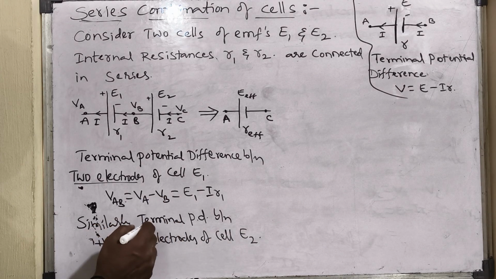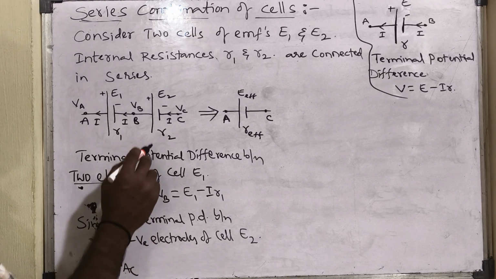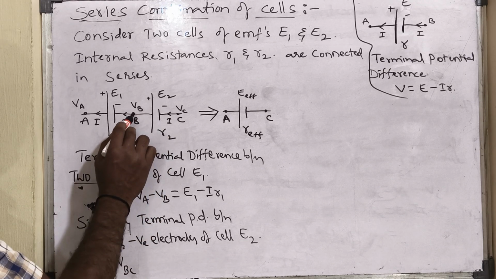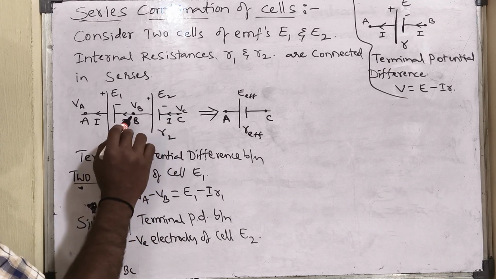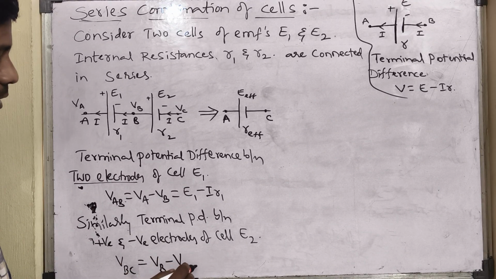The second cell lies between B and C, so VBC is equal to VB minus VC.